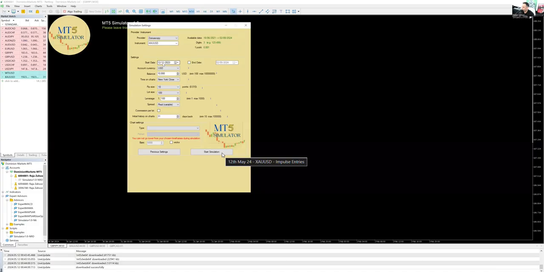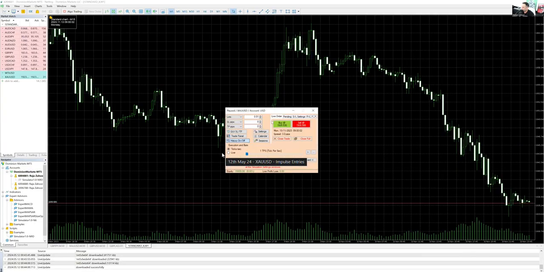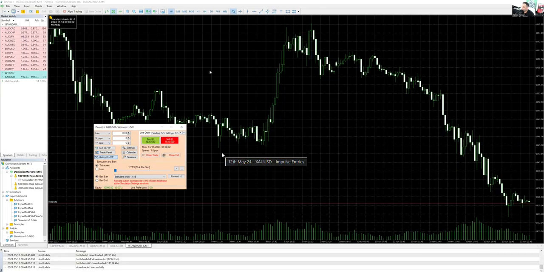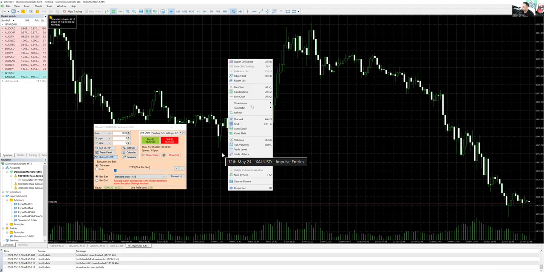New York close, variable, 200. Standard chart, period 15. It shouldn't happen to MT5 too. I think it's a glitch. Okay, let's start this. Oh, still happening over here. Okay, no problem.